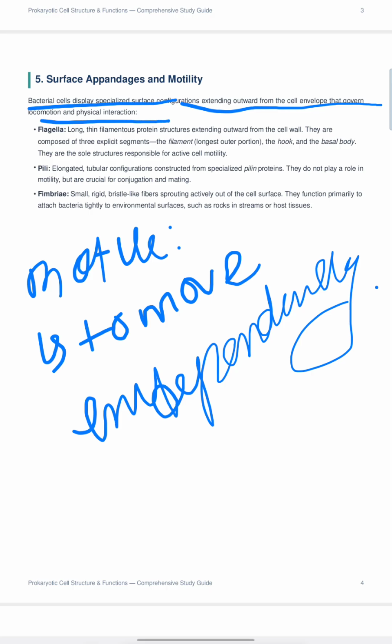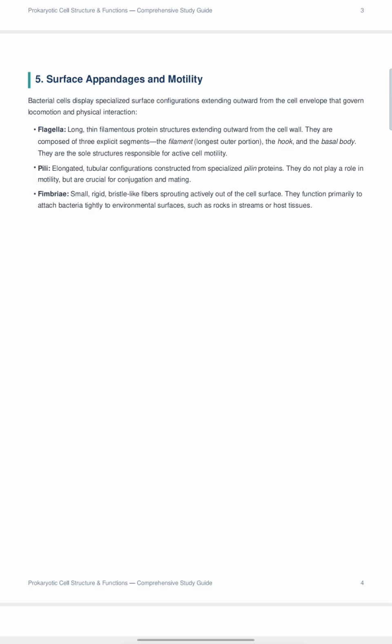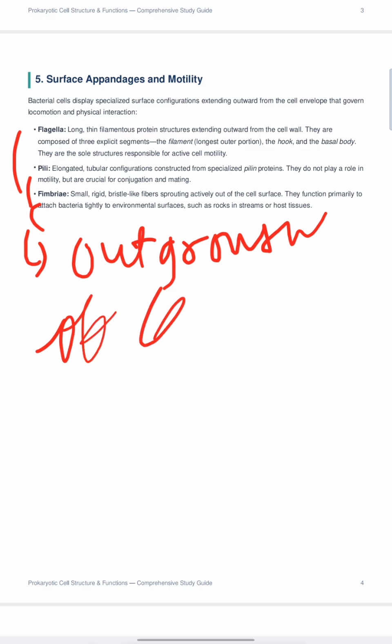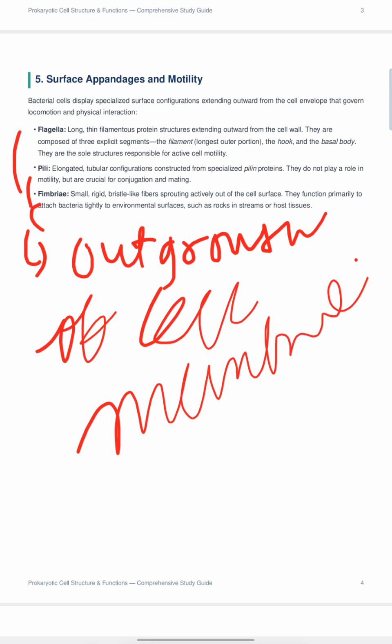Surface appendages are outgrowths of the cell membrane.